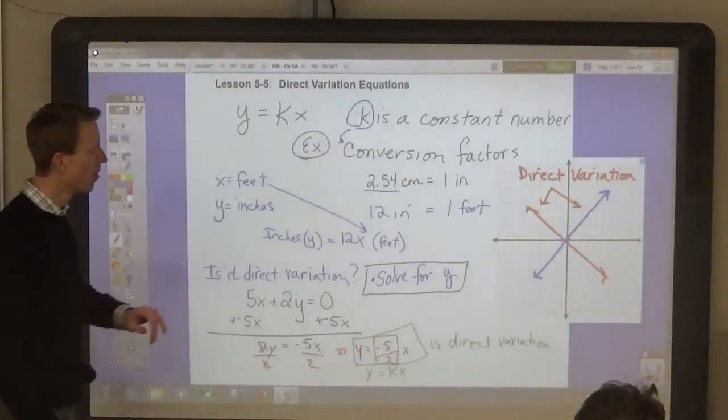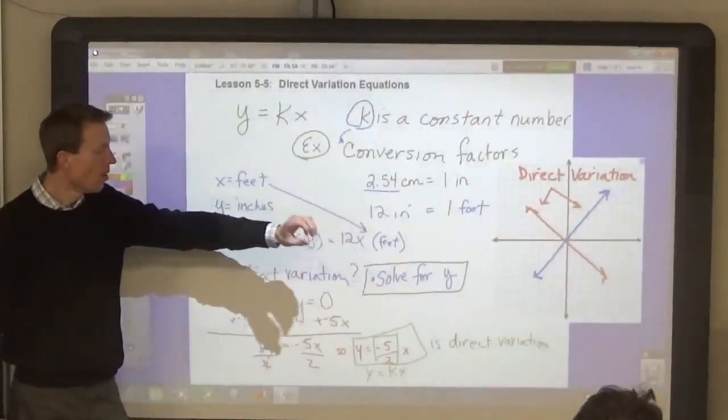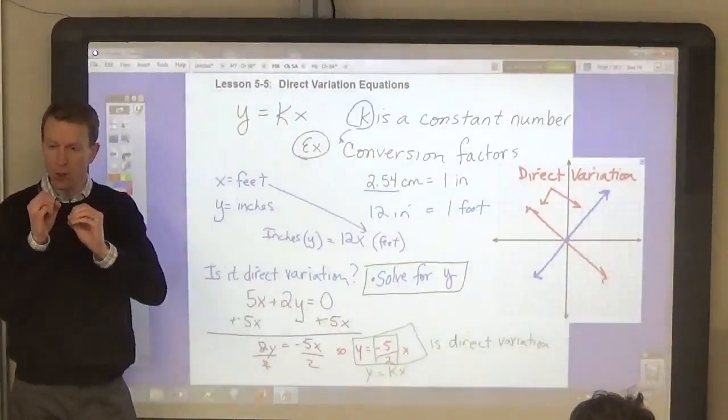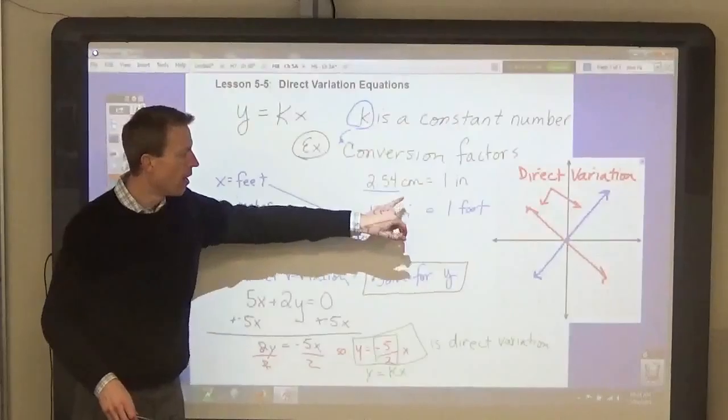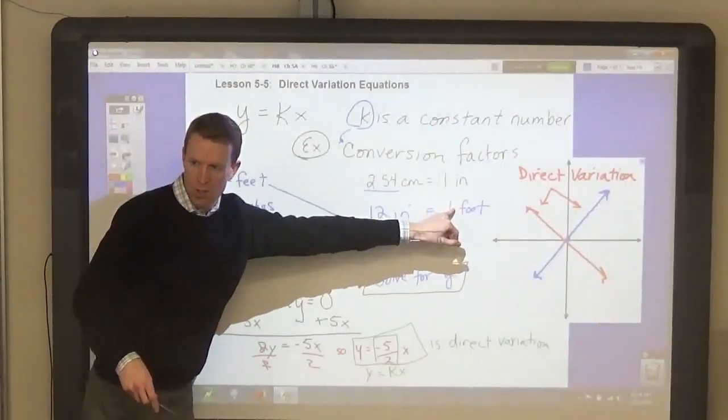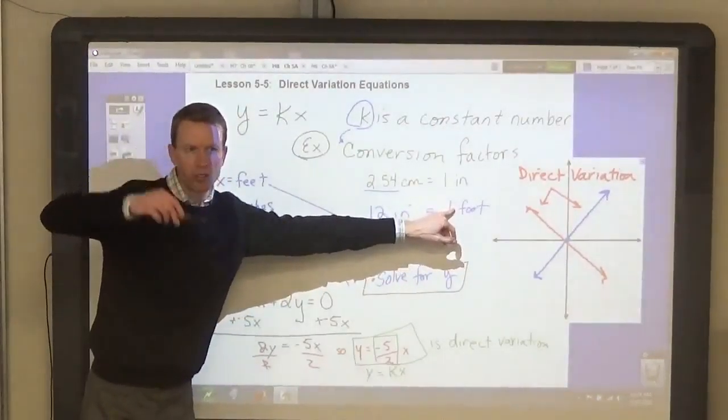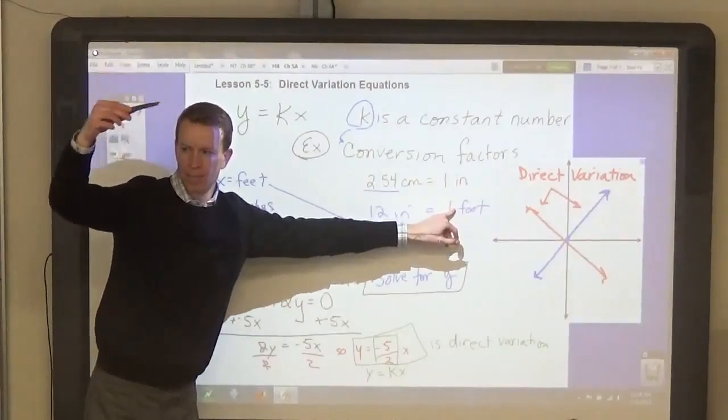In other words, when one is 0, the other one is 0. And if one number goes up, then the other goes up by an exact amount each time.